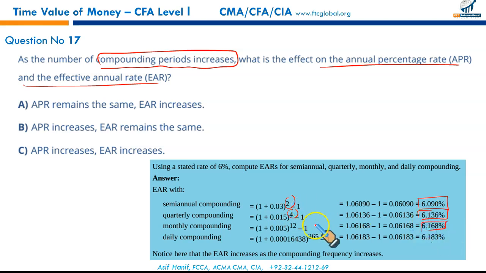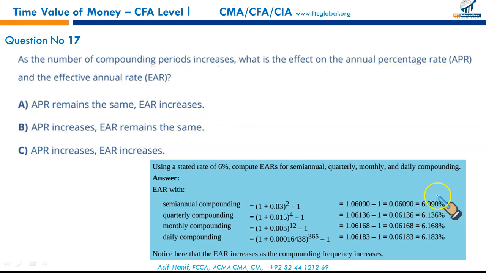Further, as the number of compoundings per period goes up, your effective interest rate goes up. APR remains the same and EAR increases. Yes, it does. Effective annual rate increases, but the annual percentage rate is the same.